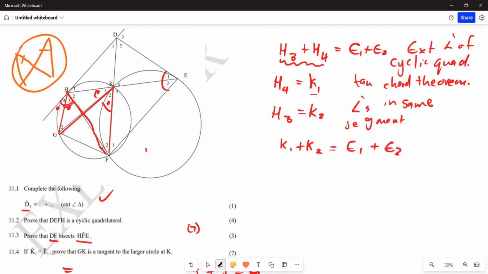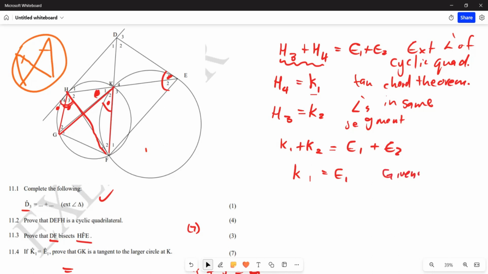And then I can also conclude that my angle K1 is going to be equal to my angle E1, right? What is going to be the reason for that? Why are we saying that A1 is equal to K1? That is given. Remember, this one is a given.